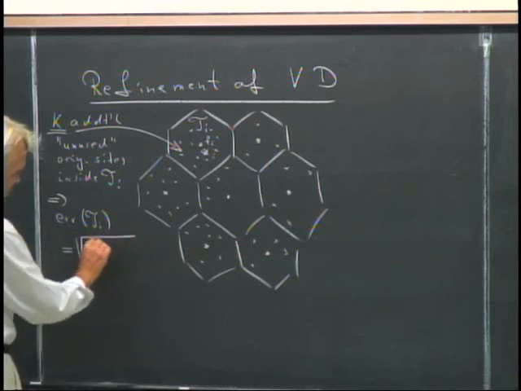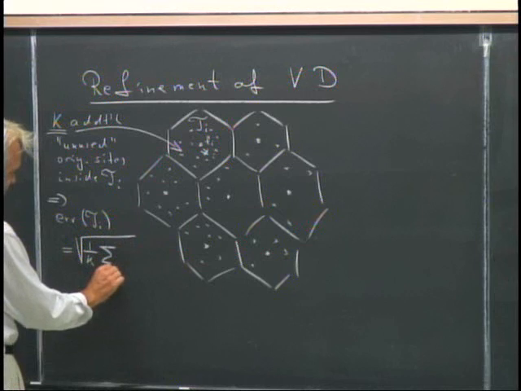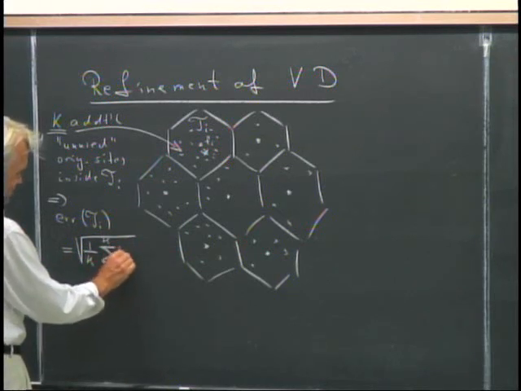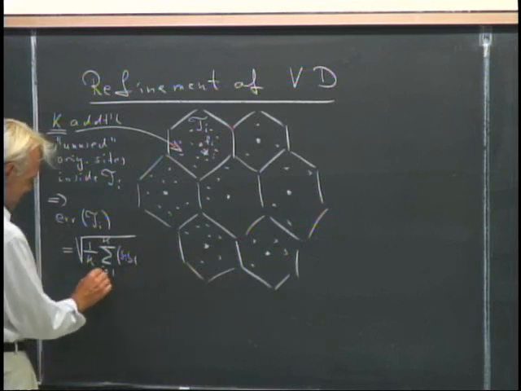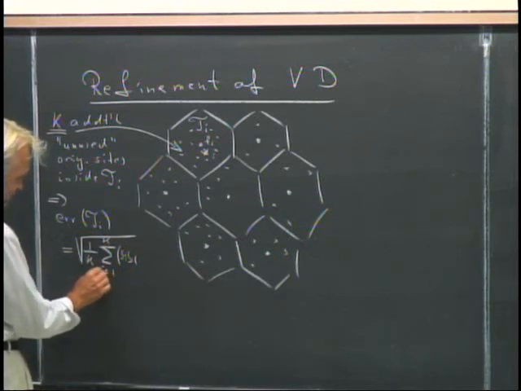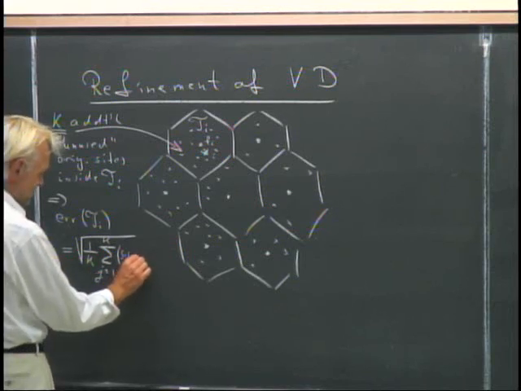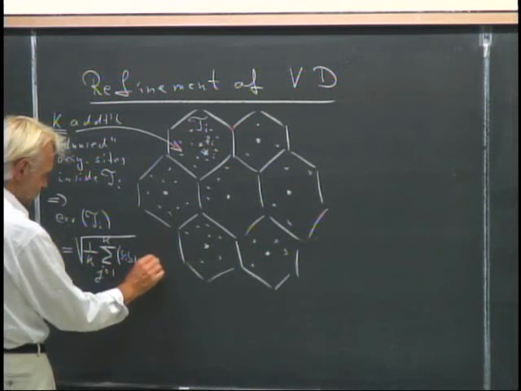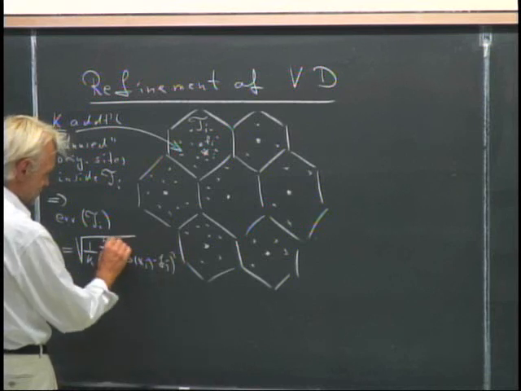Root of 1 over k, summing from j equals 1 to k the squared differences between Simpson at these points xj in there, minus the function value fj at those sites in there.